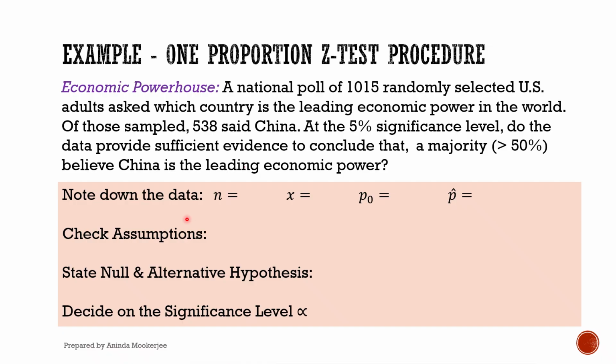Since this is a hypothesis test, I'm going to write out the formula for the test statistic, and that is z sub 0, which represents the test statistic, is going to be p hat minus p sub 0, which is the null hypothesis proportion, divided by the square root of p hat times 1 minus p hat, divided by n.